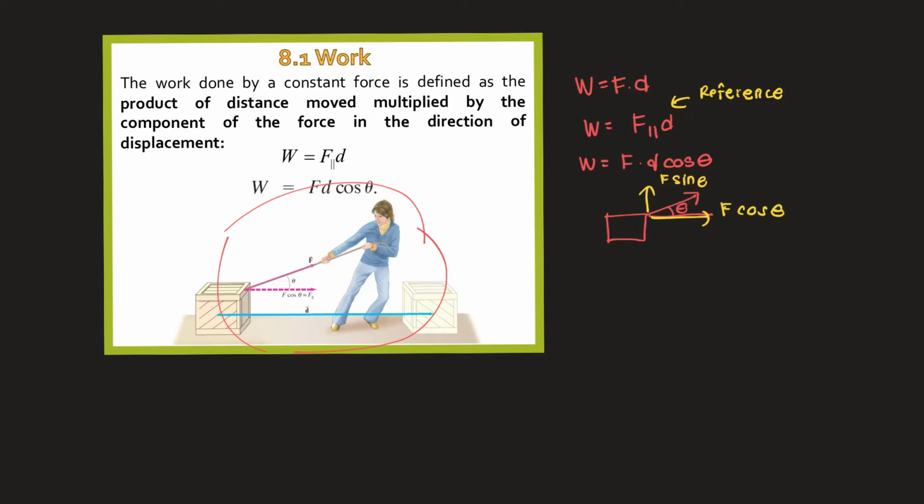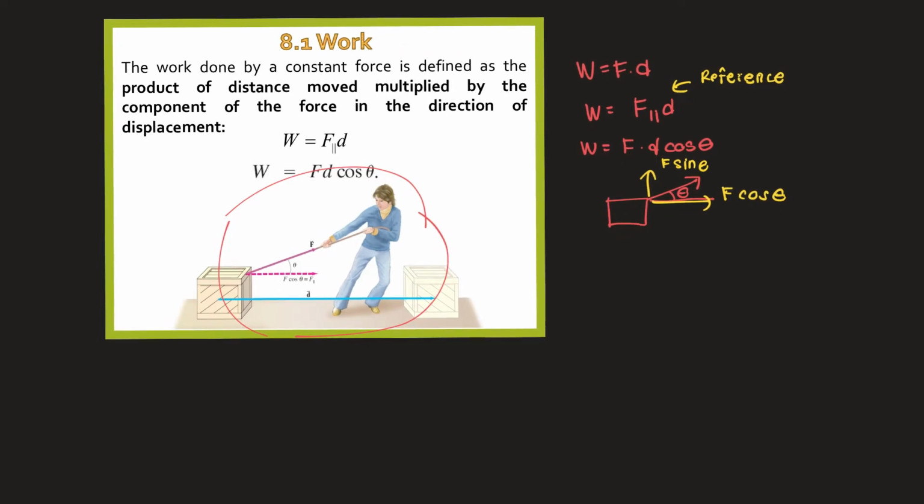Like I mentioned before, for work done to occur, you need to have a force that is parallel to the displacement. So the only force here that is going to be parallel is F cos theta, and that's the reason why you have F d cos theta. The theta here is going to be the angle between d and the force that you choose.